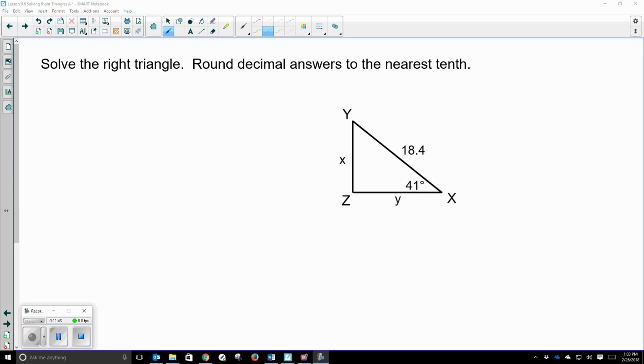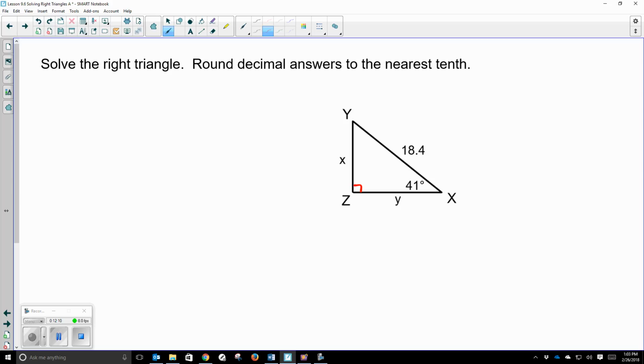Okay, so we have an angle, we have the hypotenuse, we need to find x, y, and the measure of angle y. This is a right triangle, my 90-degree, or right angle symbol, is missing. Let's first look for x. We can find angle y very easily, because it's 90 minus 41.